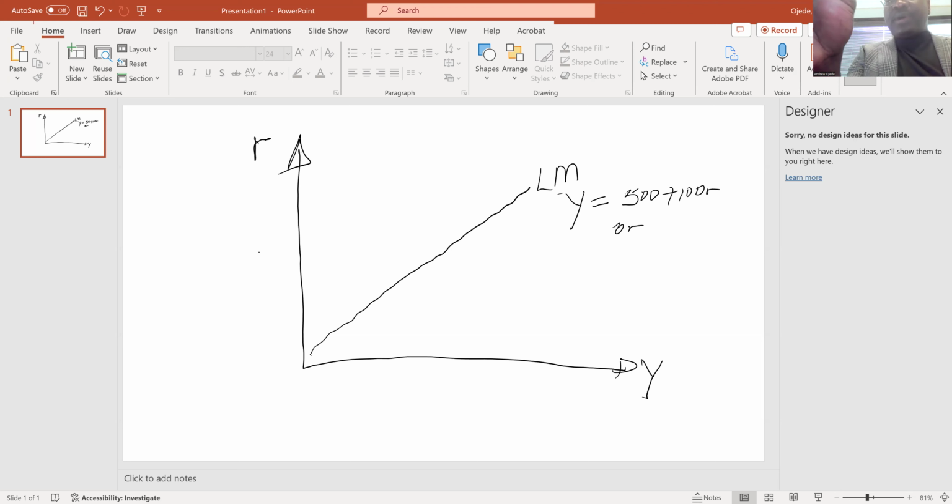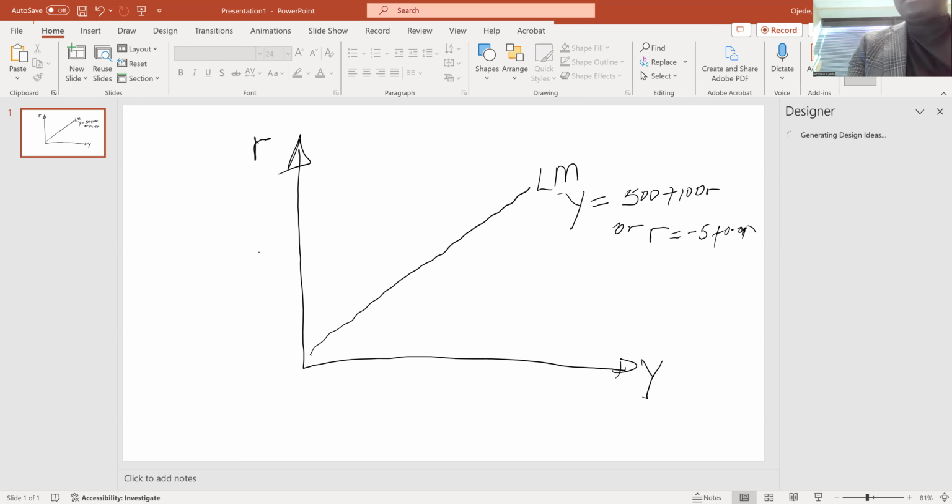If you take 500 to the other side, you find that R equals -5 plus 0.01Y. If you make R the subject by taking 500 outside, you can also write it in this way.